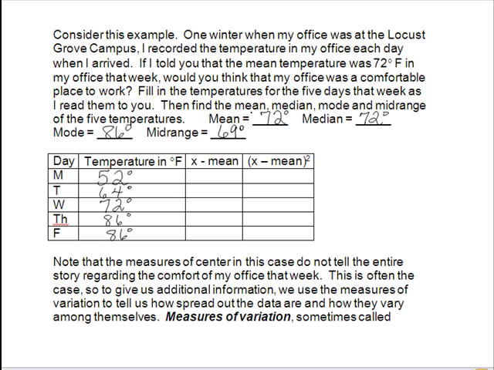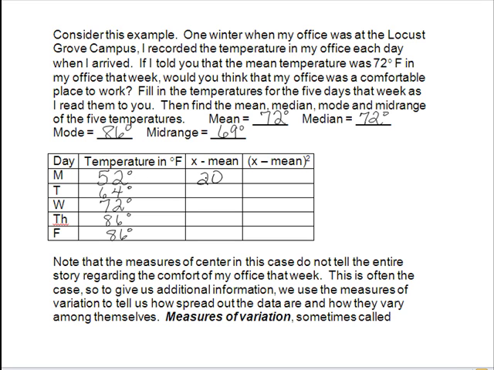Well, what we do is we take each data value, which we refer to as an x, and we subtract the mean from it. So if I take 52 minus 72, I get negative 20.